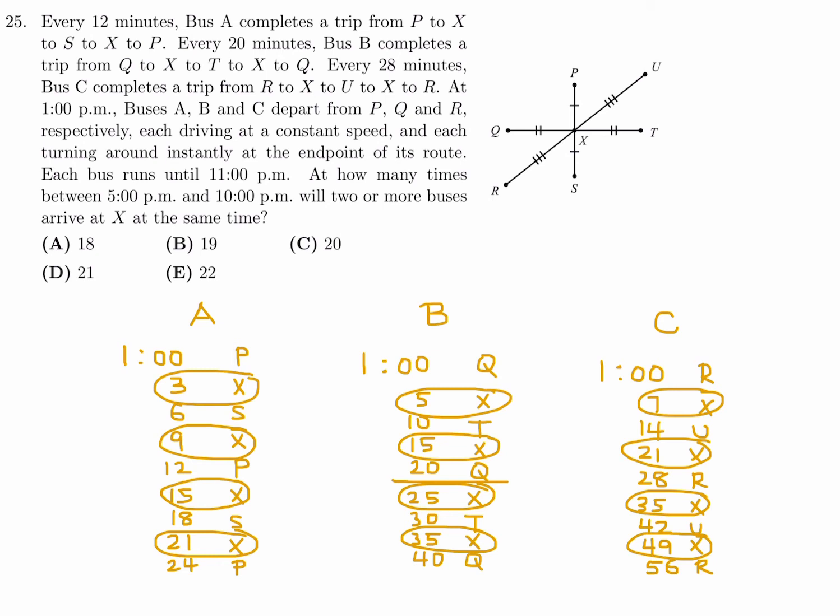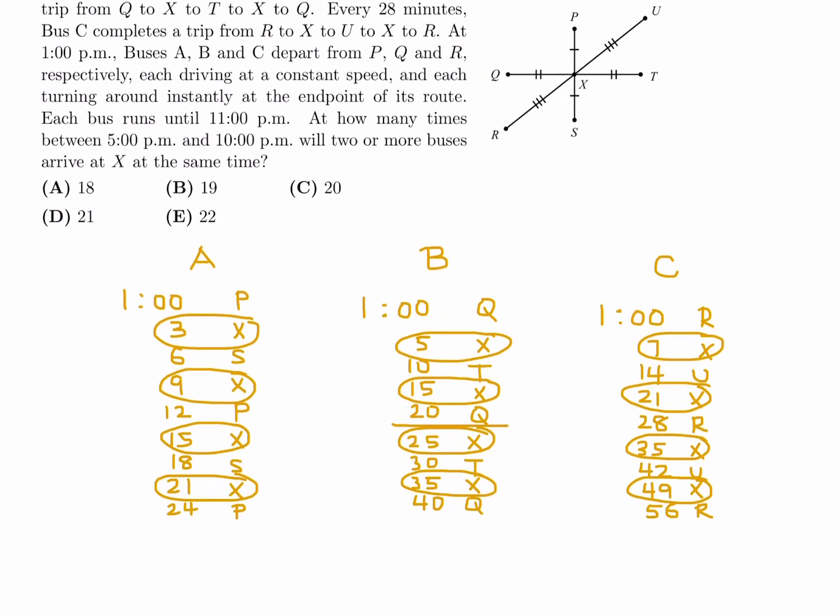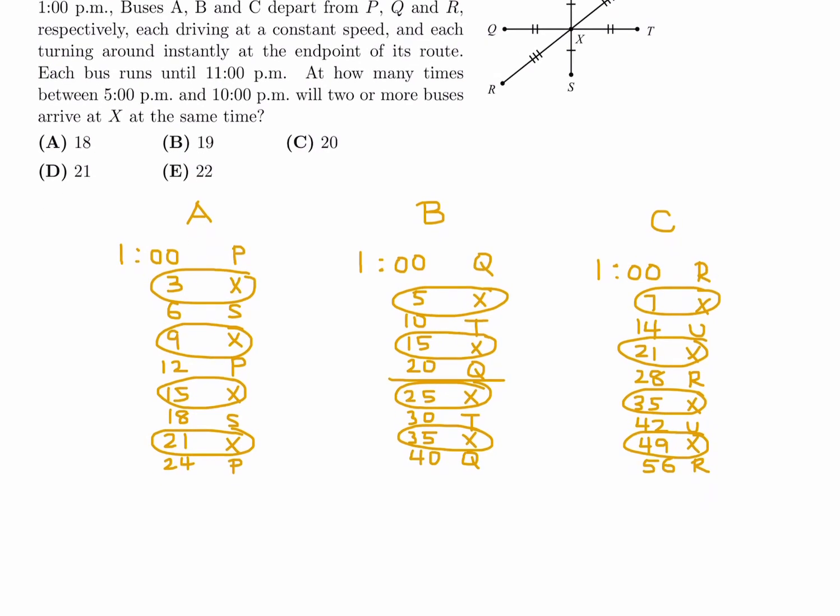Now, it starts at 1, and then we want between 5 and 10. So just be careful here. It starts at 1 p.m., and I'm going to convert everything to minutes to make it easier. 5 p.m. is 4 hours later. So 4 times 60 is 240 minutes. So this is where it begins in terms of where we want to look at when they meet.